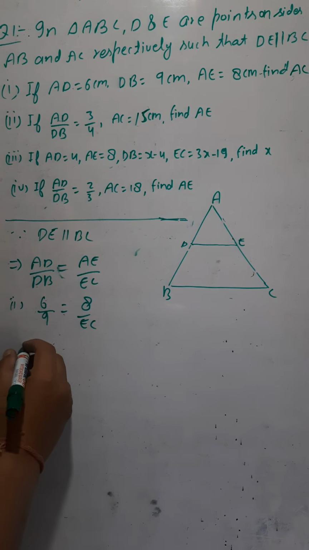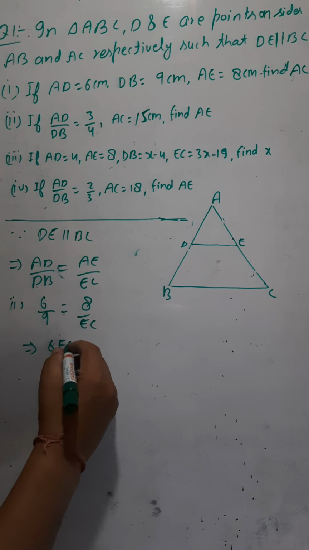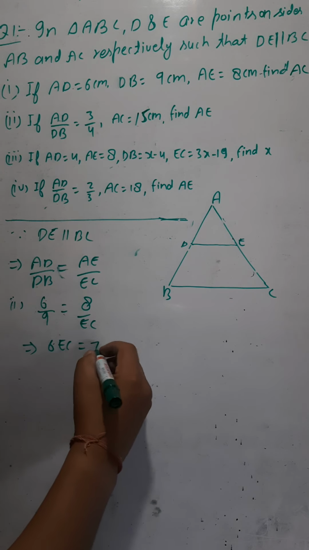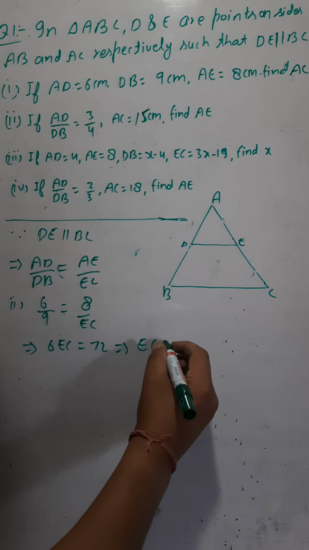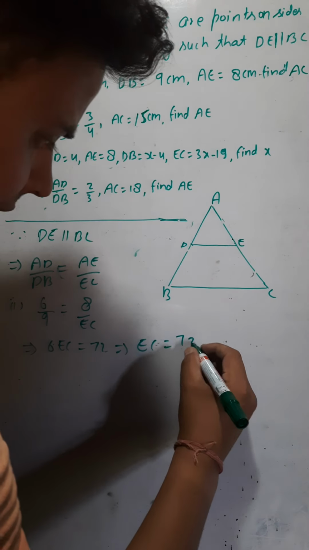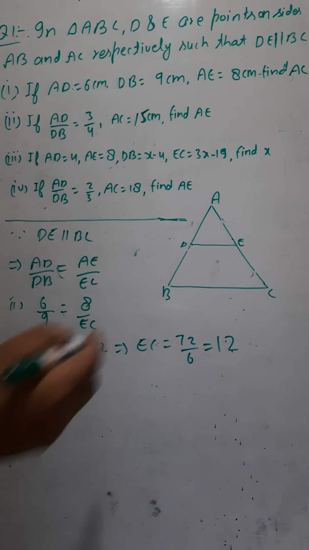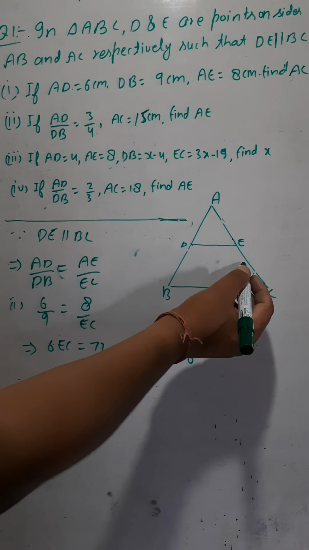So if you cross multiply, you would get 6 into EC equals 9 into 8, that is 72. It implies the value of EC would be 72 divided by 6. Answer is 12. So we have got the value of EC as 12.